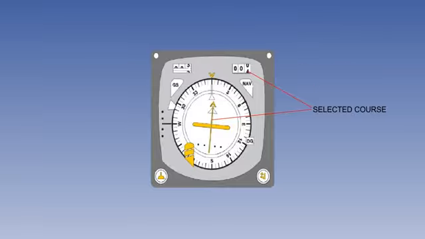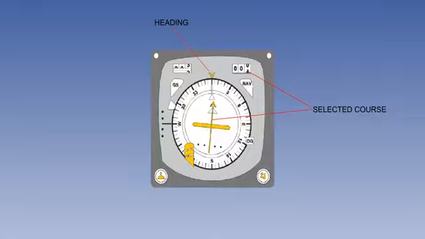The third instrument to display VOR information is the HSI, or Horizontal Situation Indicator. It combines several functions, and, as its name suggests, it provides greater situational awareness to the pilot from one instrument. The HSI shows the track or course selected. For example, the 004 radial to a VOR.